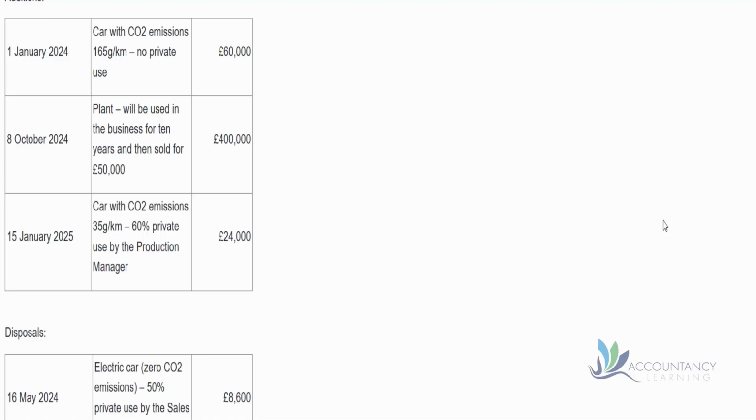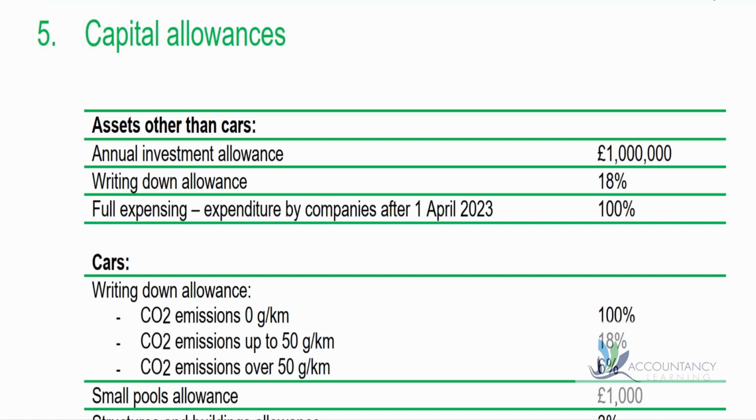But what we do need to worry about is which column we should include this in. Could it be a first year allowance? Well, no, because it's got more than zero carbon dioxide emissions. So let's have a look at the reference materials to guide us. We've got more than 50 grams per kilometre, so that means we're going to have a 6% writing down allowance, and that puts this car into the special rate pool.